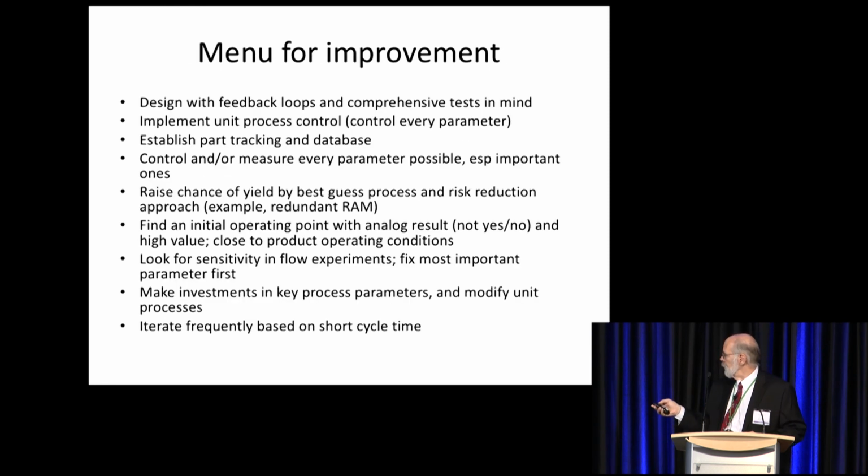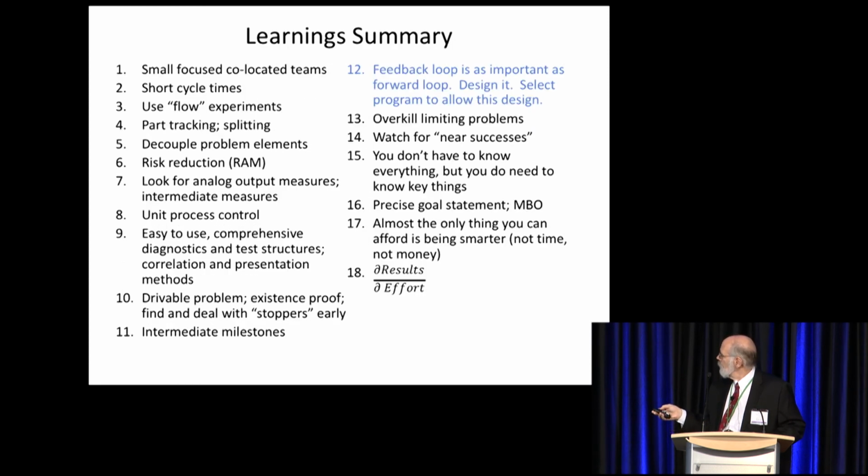So a menu for improvement in general was designed with feedback loops and comprehensive tests in mind, not just whether you're going to get your output, but how you can converge rapidly. Do all this stuff that I mentioned previously, and that will dramatically improve your convergence rate. Probably the biggest single thing on this slide that I'm going to emphasize is the feedback loop is as important as the forward loop in your process, and usually that's an afterthought.